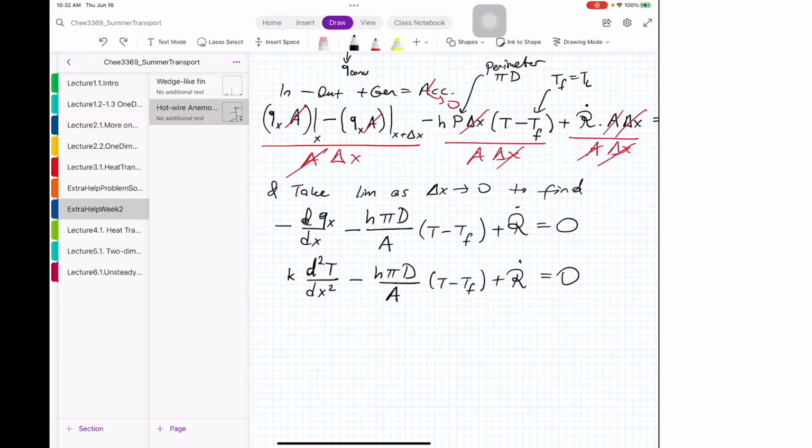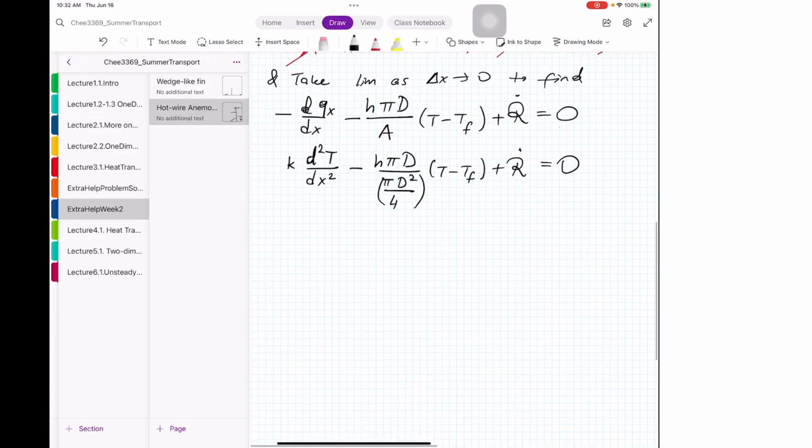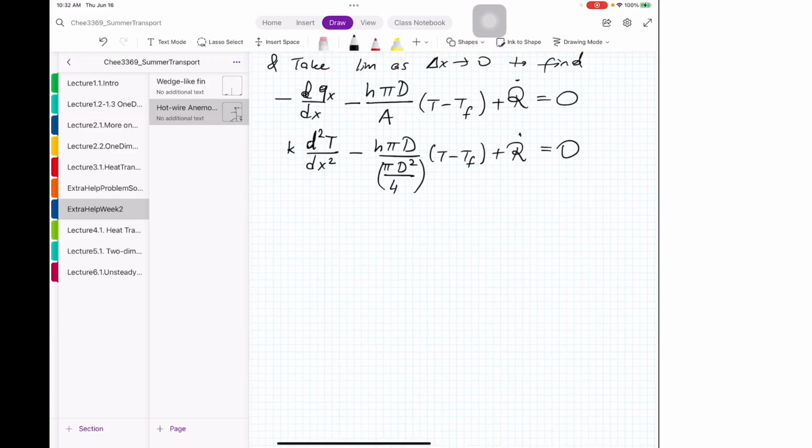You can write it as pi d squared over 4. Right, the area of a circle. And after simplifications, canceling one of the d's, you get 4h over d there. And let's divide all sides by k.